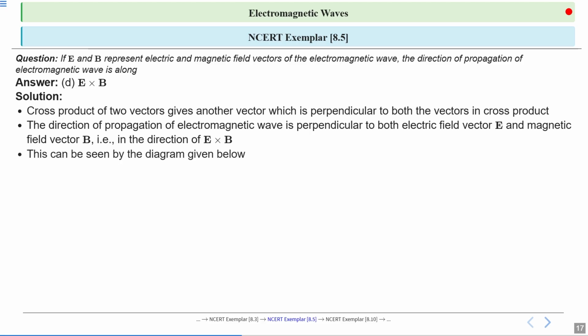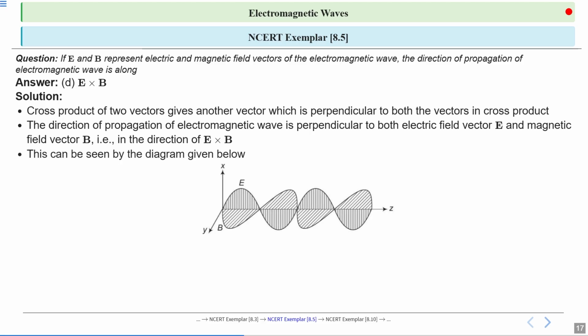This can be seen by the diagram given below. So this is the diagram, you can see. The electric field is initially in the positive x direction, and the magnetic field is along the positive y axis. So the unit vector of electric field is I cap, and the unit vector of magnetic field is j cap.